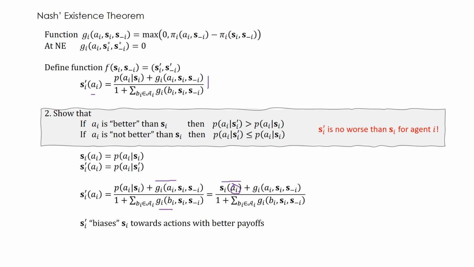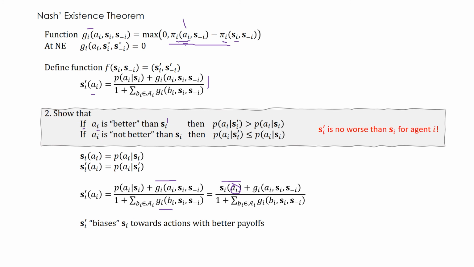Now let's look at what happens. Suppose this action AI is better than Si. It yields a higher payoff for the agent I. Then what happens? GI is the payoff with the pure action AI minus the payoff with the mixed strategy Si. And if this payoff is higher, then GI would be a positive quantity.